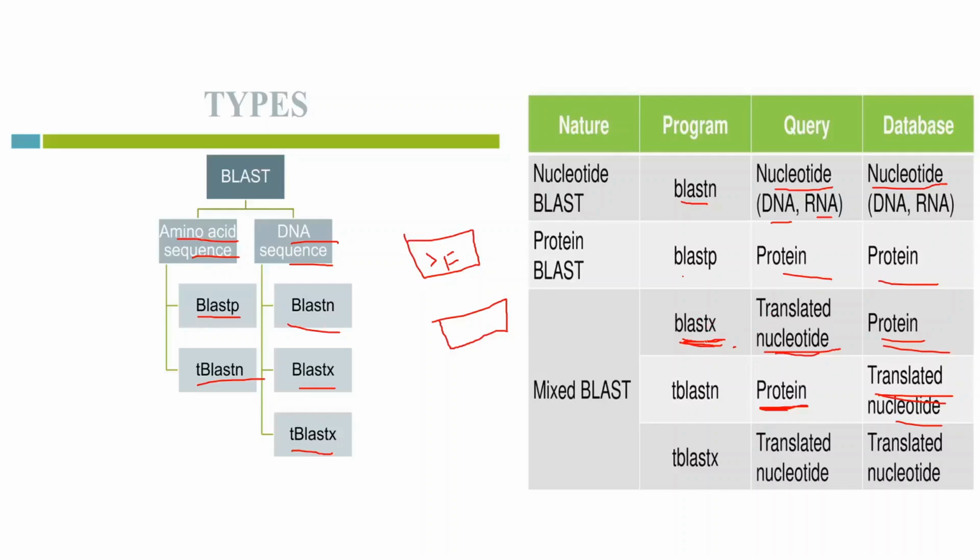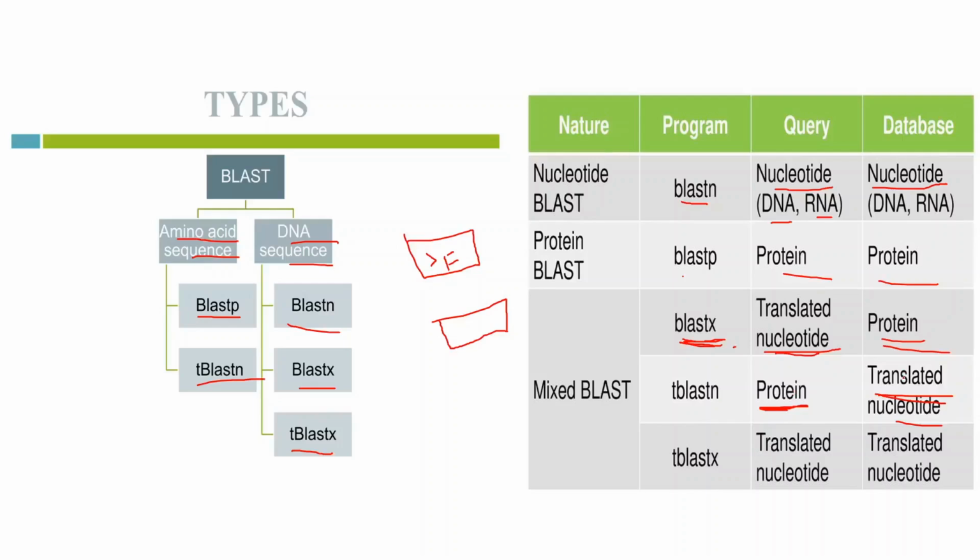When you have BLASTX, the nucleotide is first translated into protein, then that protein query sequence is searched against the protein database. TBLASTN means you have the protein sequence and you are searching against the translated nucleotide.